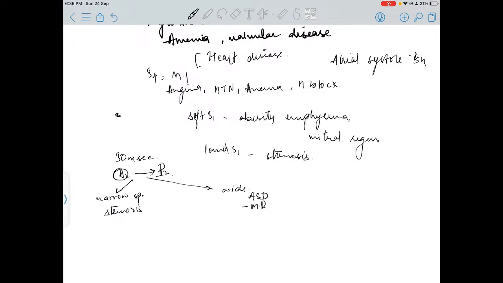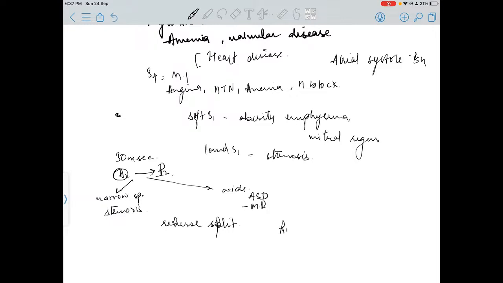Now reverse split. This early P2 closure and late A2 closure occurs in complete left bundle branch block and Wolff-Parkinson-White syndrome, I think that means.